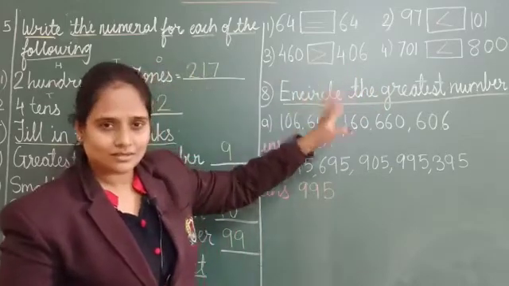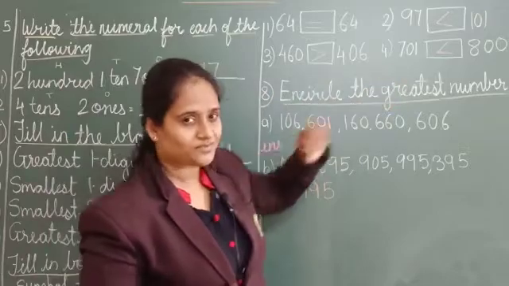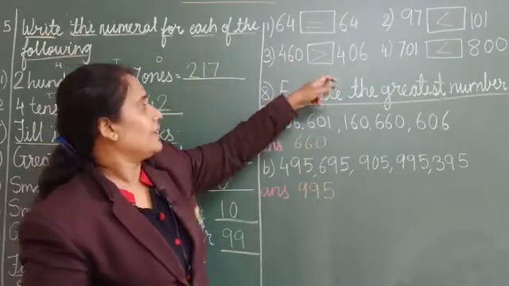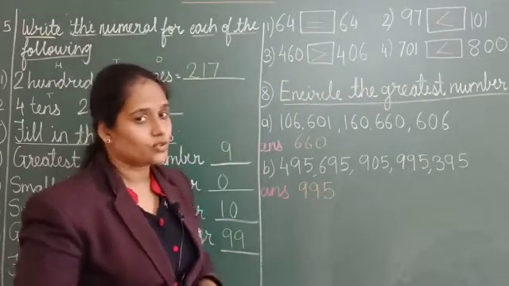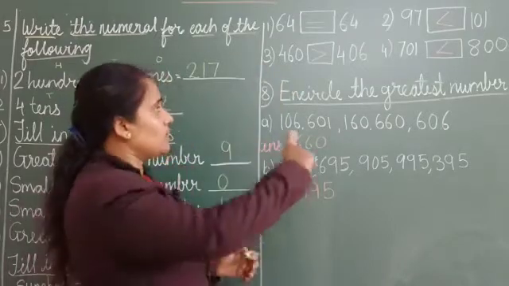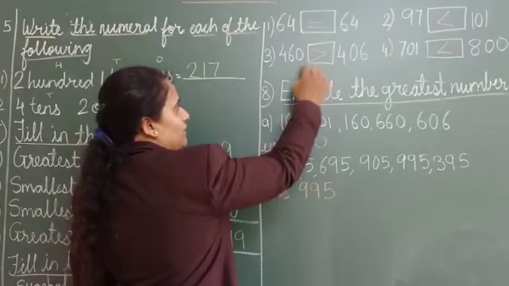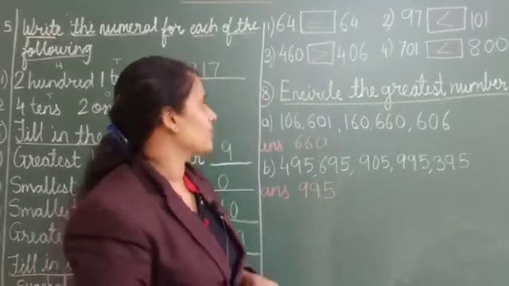The numbers are similar. You will see 60 and over here 6. Now in this, 406 and 460, the greatest number is 460. So the mouth of this sign will open towards 460.